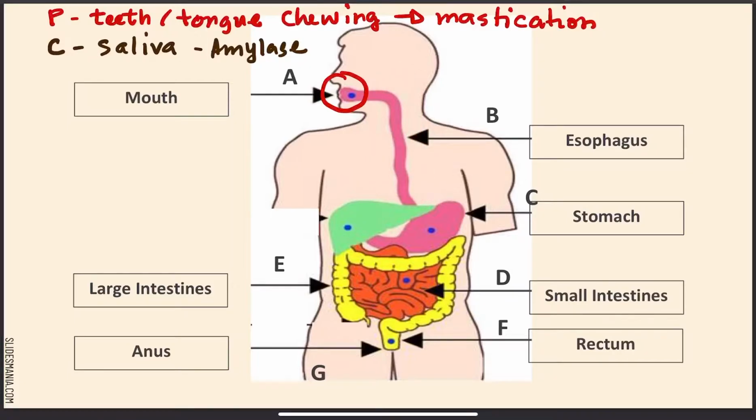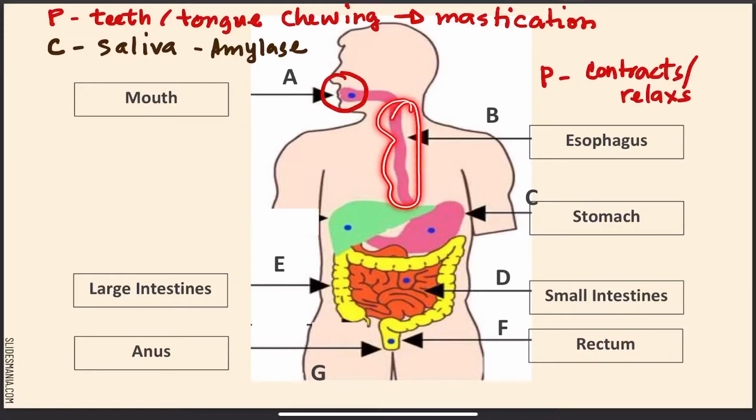And again, how does it go down? It goes down because of physical digestion. It is the muscle movement when the muscle contracts and relaxes, thereby pushing the food down until it reaches your stomach. Now, in the stomach, two types of digestion happen again.